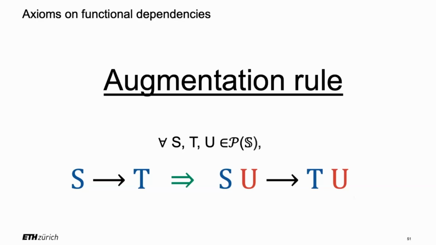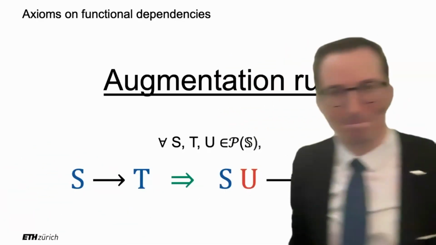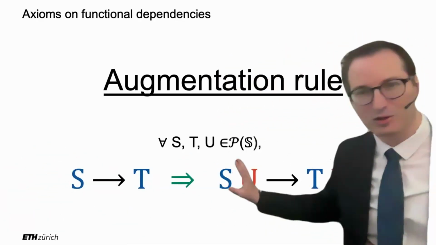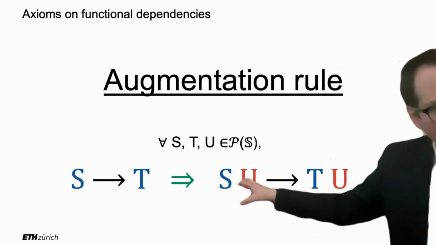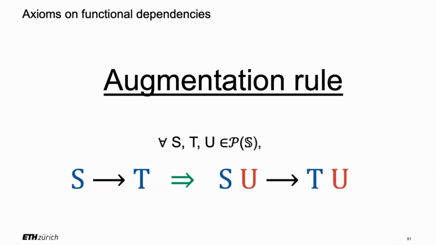Here's another, I keep throwing axioms at you, right? So here's another one. This is called the augmentation rule. It means you can add the same attributes on both sides. So if you have the functional dependency, knowing S, you know T, then you can derive the functional dependency knowing S and U, you know T and U, right?